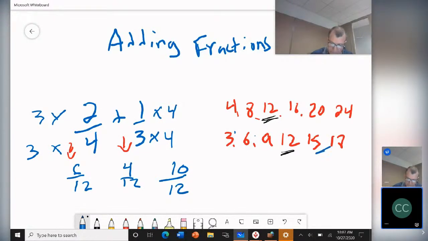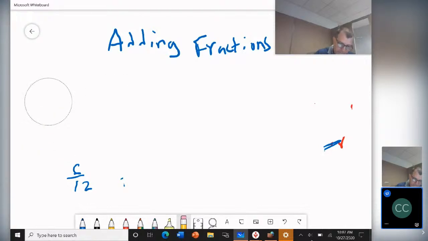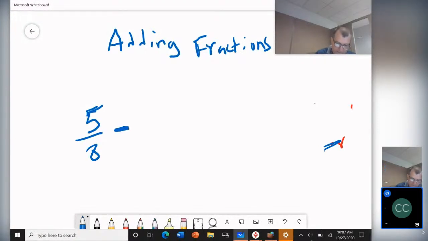So if we did 5/8 minus 2/3, let me put a 3 there. We've got to find the least common multiple of 8 and 3.